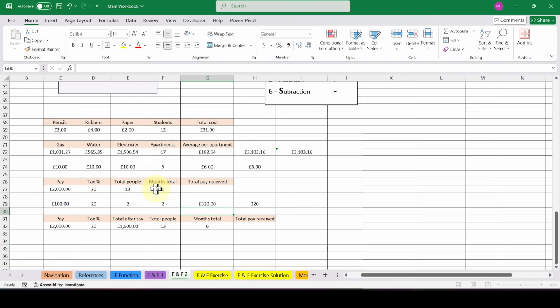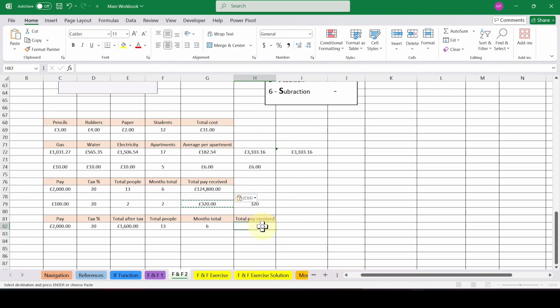So I will just press enter, and as you can see it has come back as 320 pounds, and I know that's correct. Now all I have to do is copy this formula using Ctrl C and paste it here using Ctrl V to get my answer, and I am pretty happy that it is the correct answer.